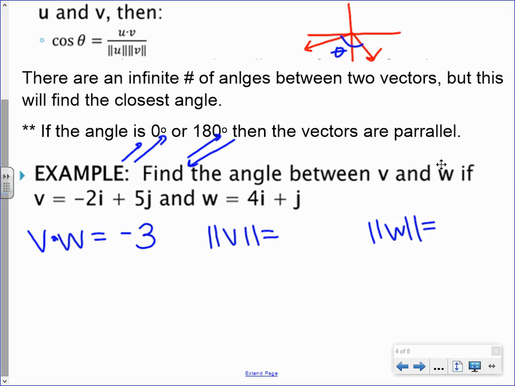So I'll give you a moment to find each of those magnitudes for me, leaving them in radical form.